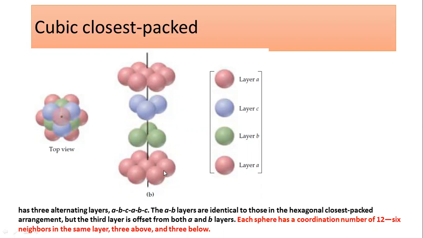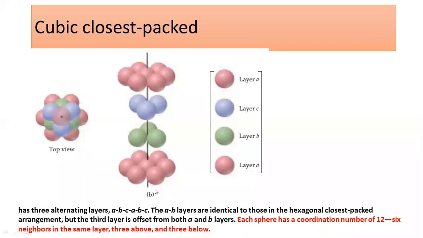So in this case, six balls are in the same layer, and again this ball will touch the depression between three balls, and then the coordination number would be 3, and similarly 3 above and 3 below, because of the same repeating union of these triangles above and below.